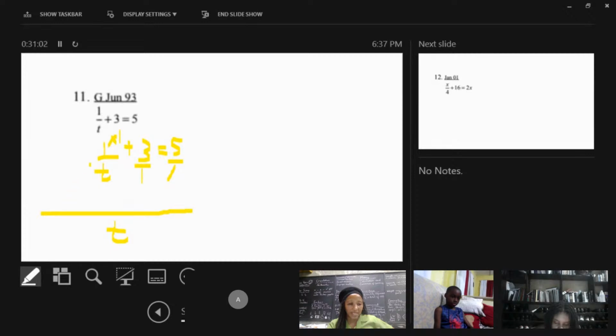Plus 3 times 1 is 3, so plus 3t. How many times does 1 go into t? t times. So this is 3t. Not plus, equal. 1 goes into t, 5 times. So 5 times t is 5t.